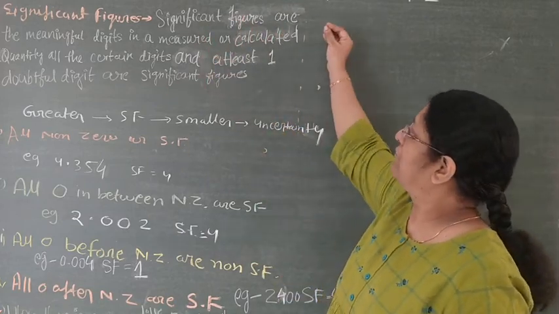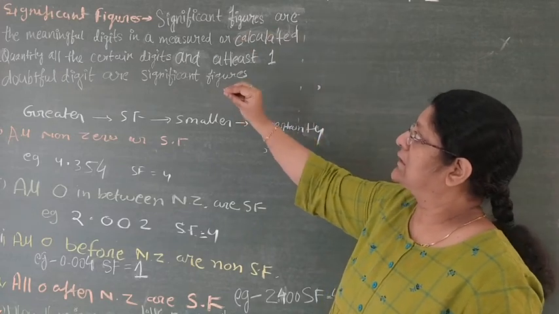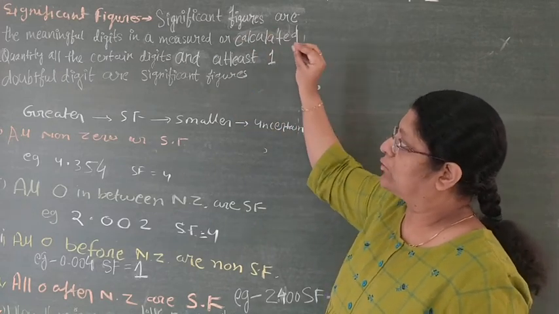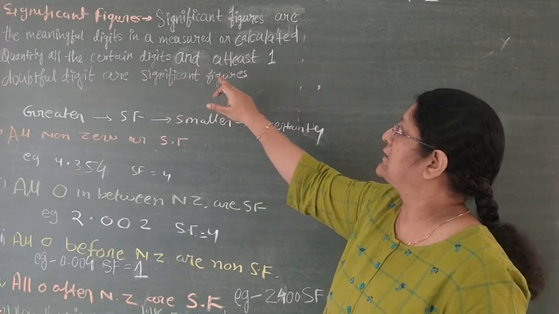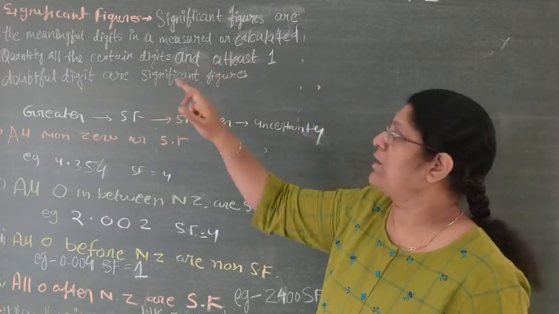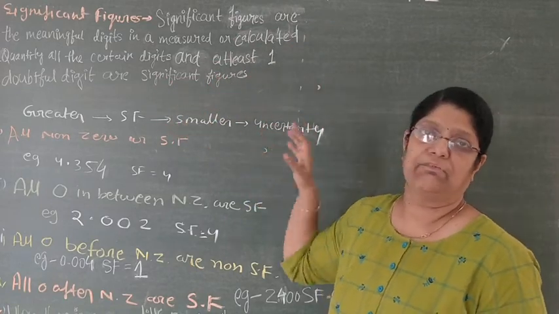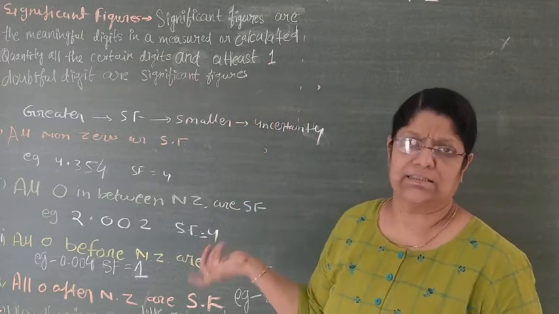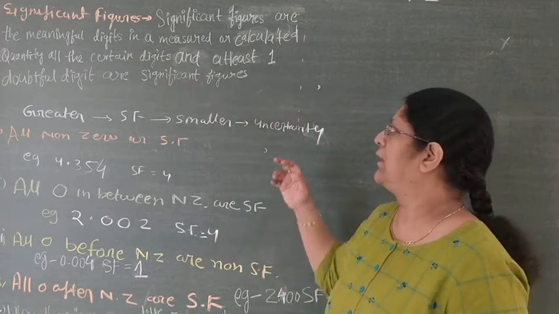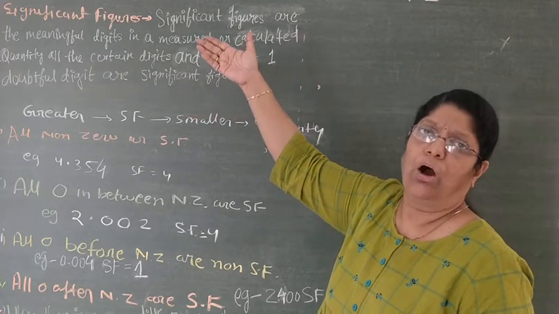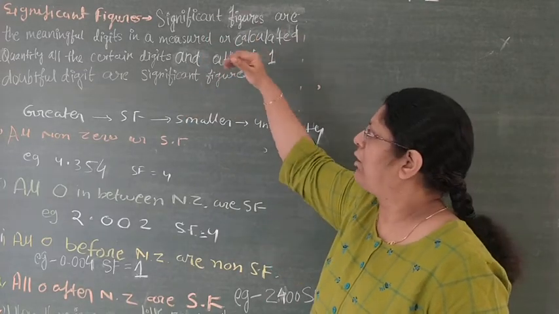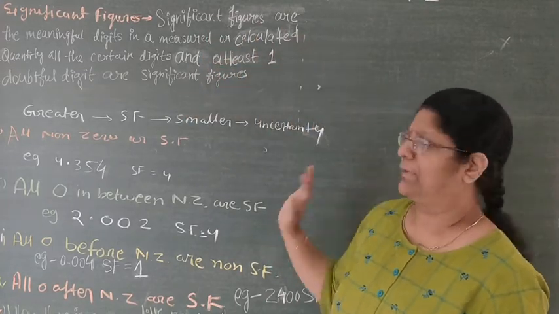So significant figures are the meaningful digits in a measured or calculated quantity, all the certain digits and at least one doubtful digit. One doubtful digit means an uncertain digit, as I said earlier. So all the certain digits and at least one doubtful digit are the significant figures.